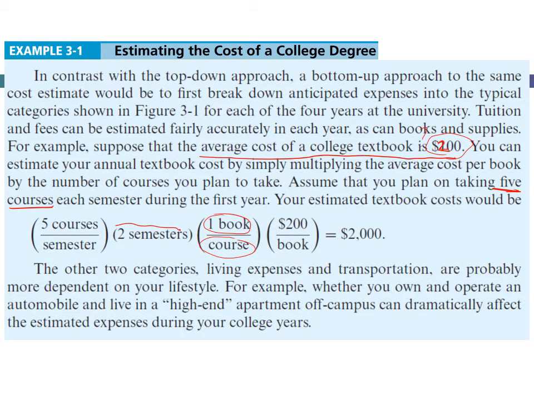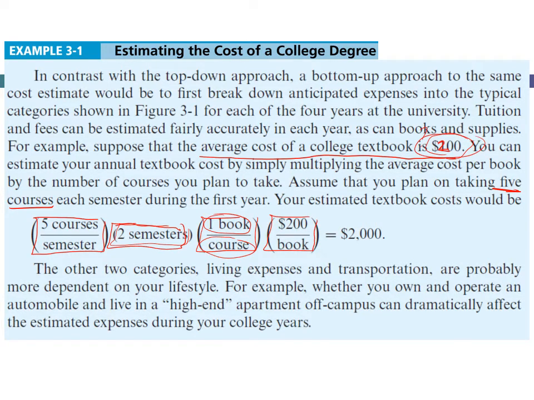Okay, so I'm trying to calculate the total annual cost, the total cost in the first year. How can we estimate? There are 2 semesters in a year, and each semester we will take 5 courses, and in each course we will use a single book, and the average cost for a single book is $200, which is this value.